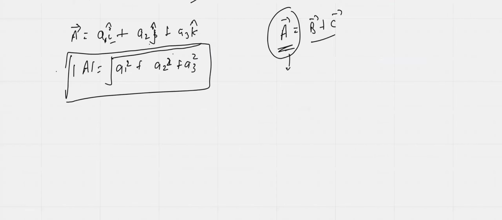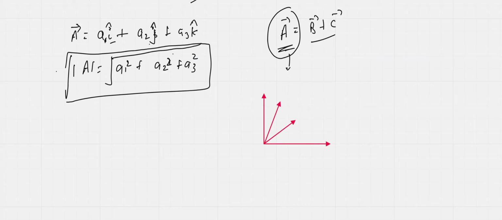Now, how are your vectors looking? Assume just in the xy plane. This is the xy plane. How is this b vector fitting? B vector is this, and your c vector is this.